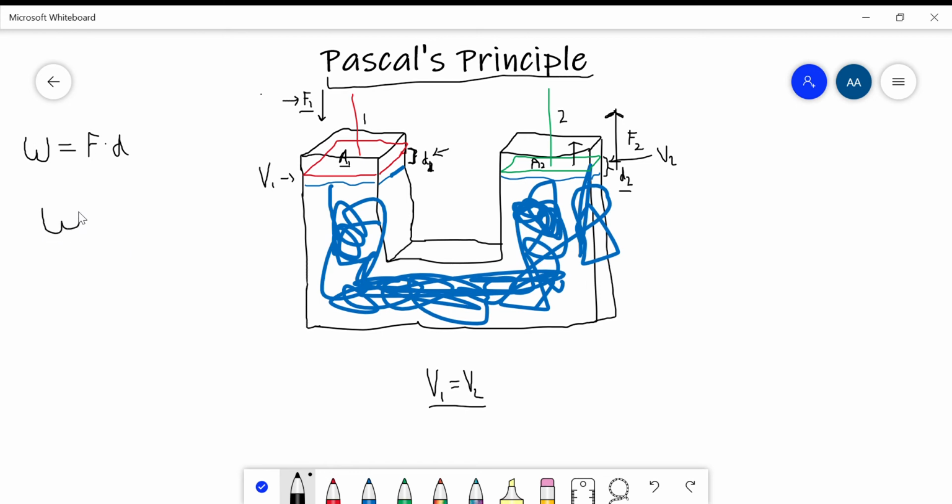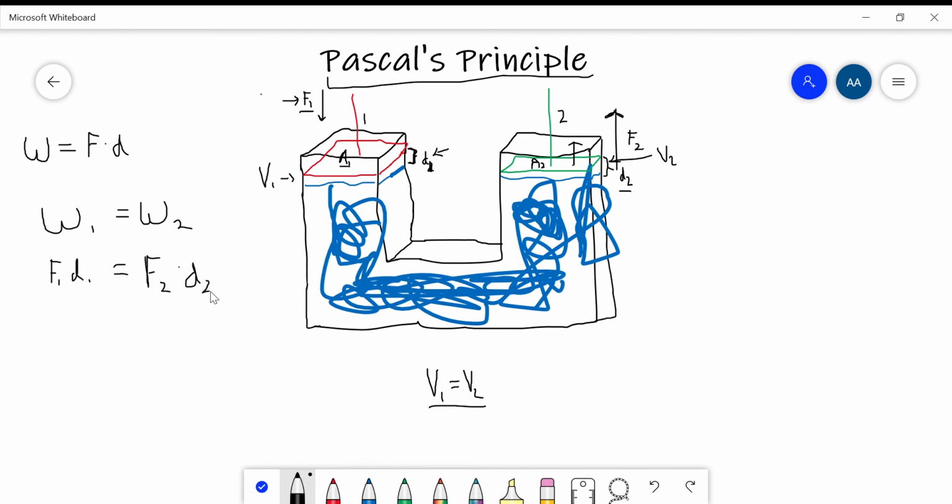So we have work 1 for piston 1, and that's going to be equal, according to the conservation of energy, to work 2. And so that means that F1, which is the force that we put on the first piston, times the distance that piston moves, which is D1, is equal to force 2 times D2, distance 2.